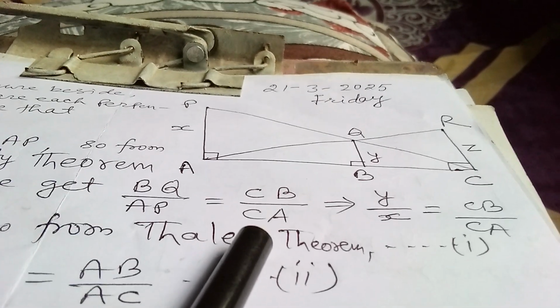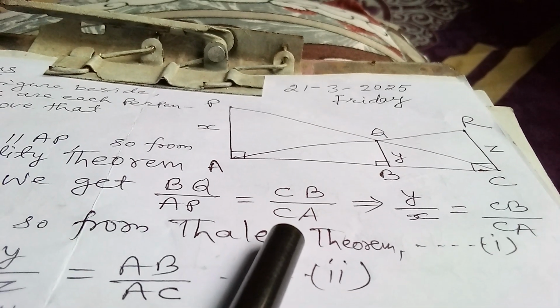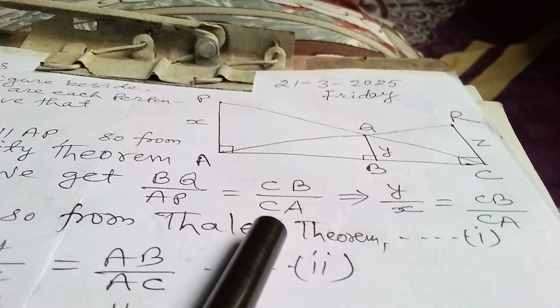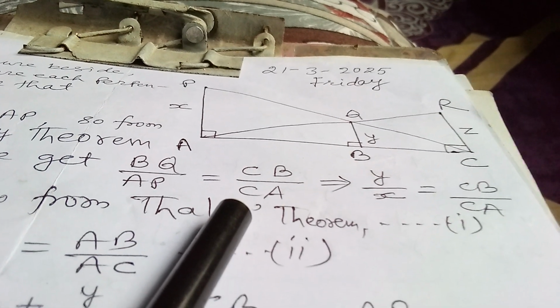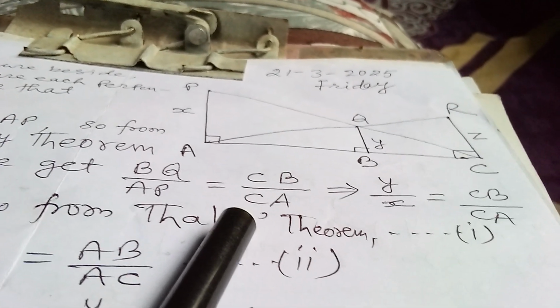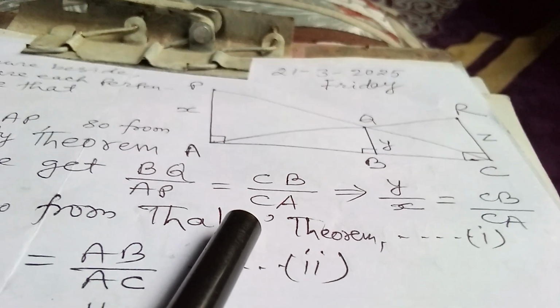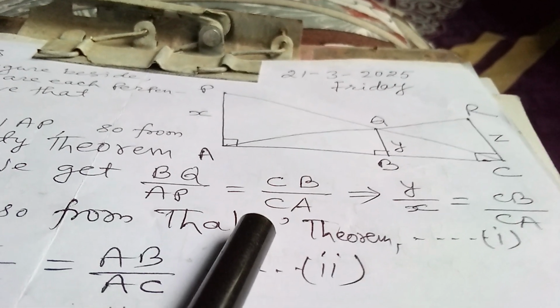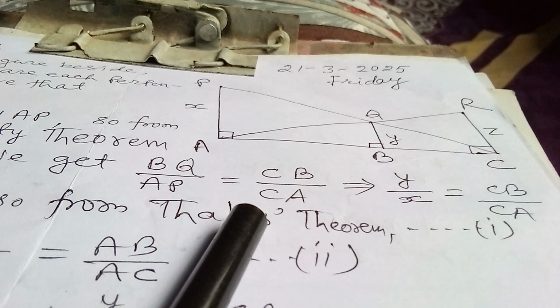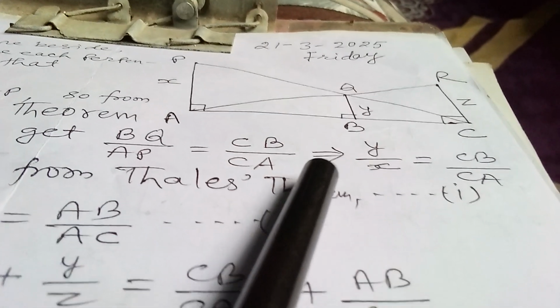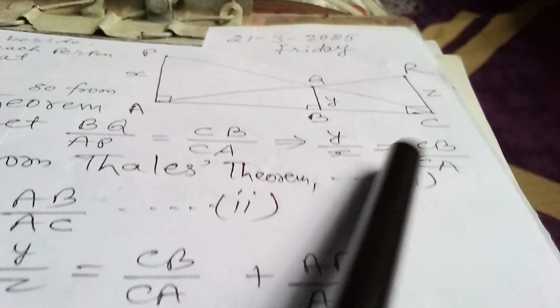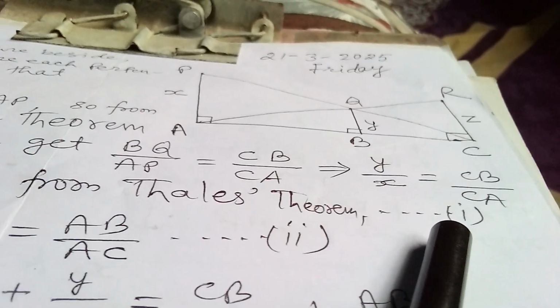As you find in this figure, PA perpendicular AC and QB perpendicular AC, that's why PA is parallel to QB. So in the triangle APC you find BQ parallel AP, and so BQ by AP equals CB by CA, and this implies Y by X equals CB by CA. This is equation 1.